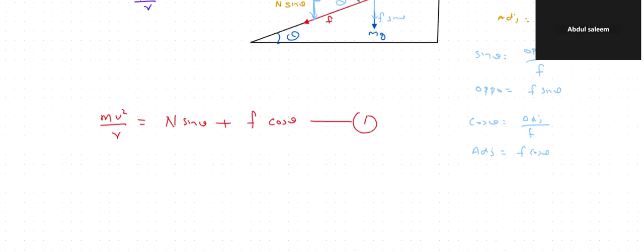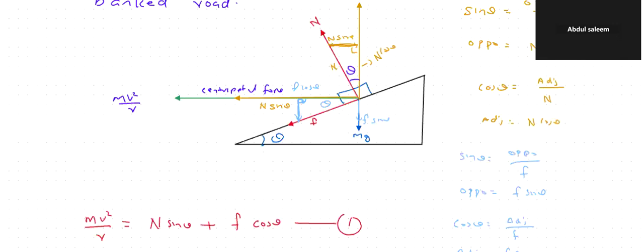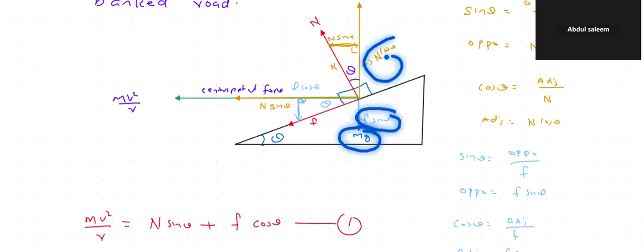At equilibrium, we can find that mg and F sin theta are both in the downward direction, right? This mg and F sin theta is balanced with N cos theta, one component of the normal reaction force.